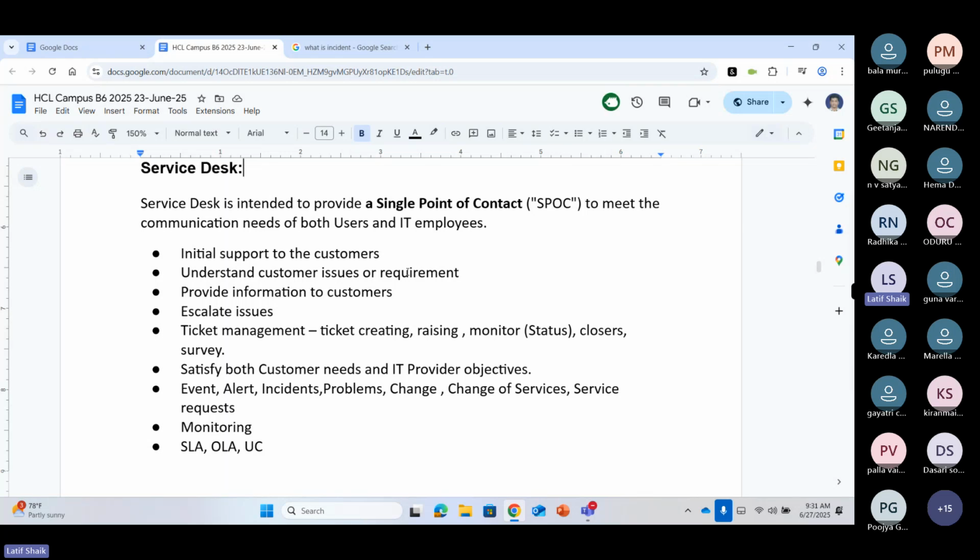Key points of the service desk: provide initial support to the customers, and understand the customer's issues and requirements. First, we have to understand. Then provide information to the customers.